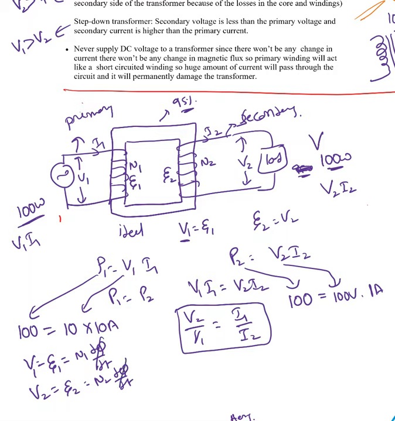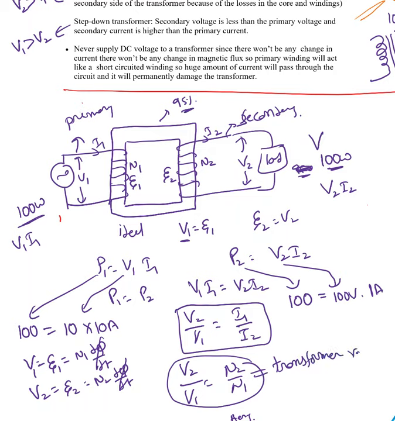This d phi by dt is the same for both of them, so I can write V2 over V1 equal to N2 over N1. This is called the transformer ratio. Okay, the transformer ratio I indicate with K or N. Some books use K, some books use N.